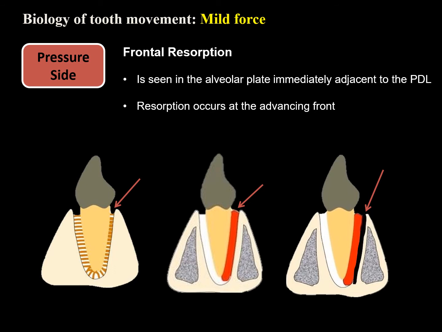As you can see in the three images, pressure was applied on the tooth, and then all these cellular changes we spoke about took place in the periodontal ligament space, followed by resorption of bone, that is, frontal resorption. This frontal resorption creates the space for the tooth or the teeth apparatus to move in that direction.